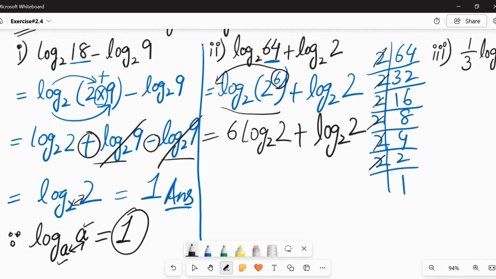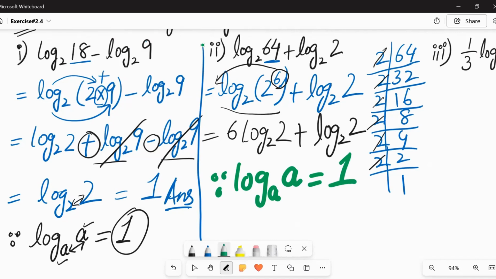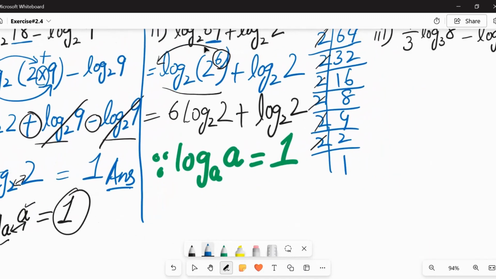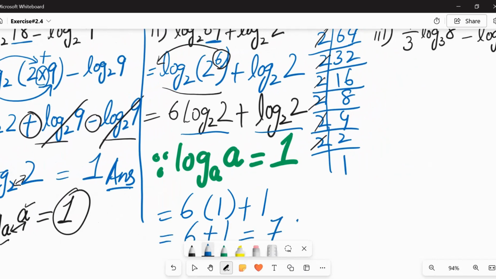Now again, just as we did in part A, if we have a term like this, it will always be equal to 1. So simply we can put 1 over here and 1 over here, and we'll get 6 into 1 plus 1. 6 times 1 is 6, 6 plus 1 equals 7 as our final answer.